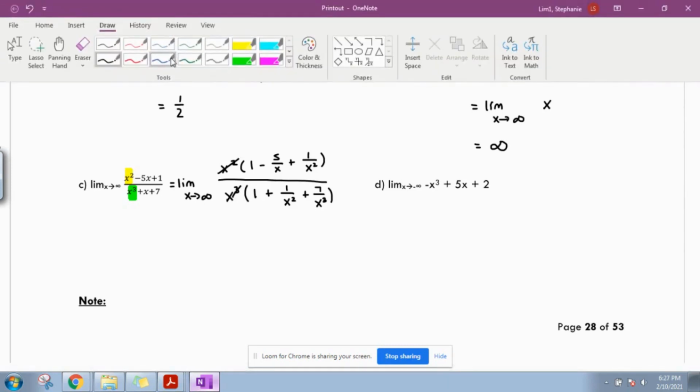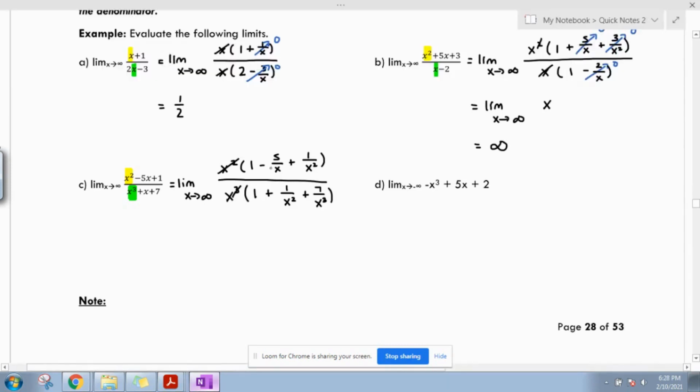And then anything that I see that is a fraction, because I'm having it over infinity. So for example, negative 5 over infinity, that's going to go to 0. 1 over infinity squared, also going to 0. 1 over infinity squared again, going to 0. And then 7 over x cubed definitely is going to be going to 0.